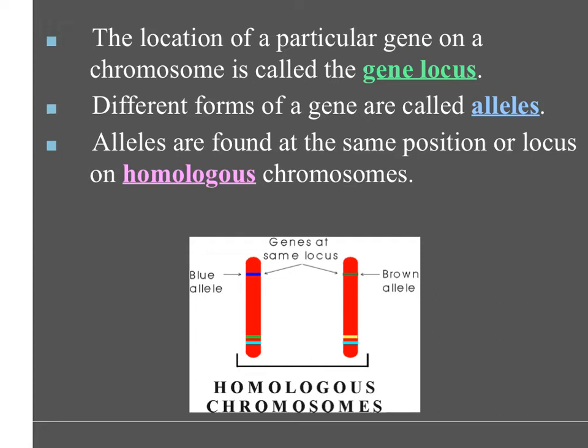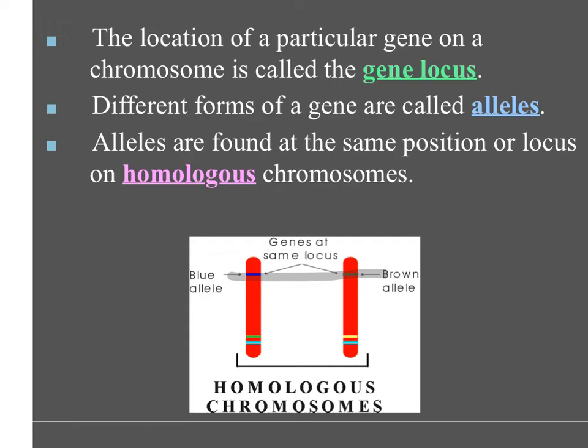Here, we're going to talk a little bit more about genes. So what we have here are homologous chromosomes. So for example, this chromosome may have come from mom, and this chromosome may have come from dad. And they're homologous because they're sort of the same. But if you take a look at it, you'll actually notice that they're different in some ways. This space right here, maybe it's the gene that codes for eye color.